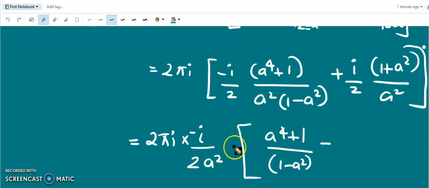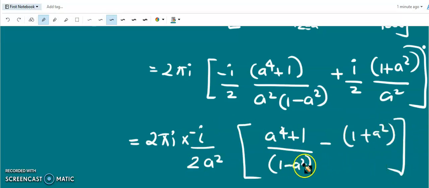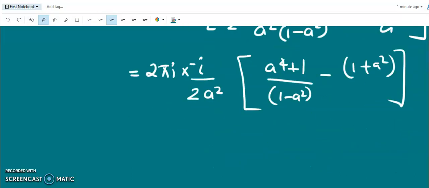So we have taken minus i by 2 here. 1 plus a square. So we can take 1 minus a square as a common factor here. So we get 2 pi into i square is minus 1, minus minus is plus. So this is plus 1, 2 pi by 2a square.